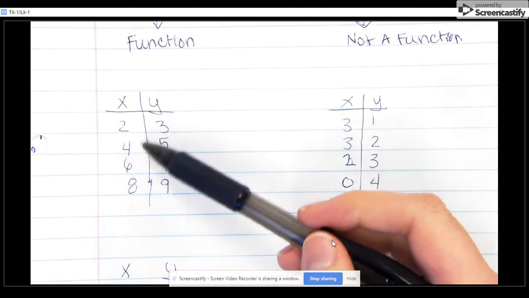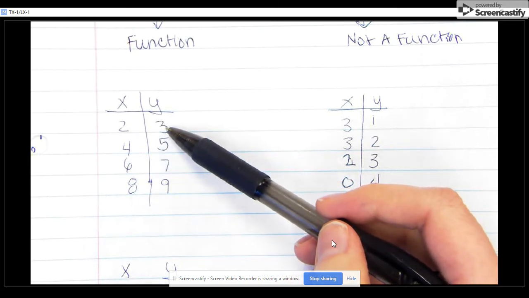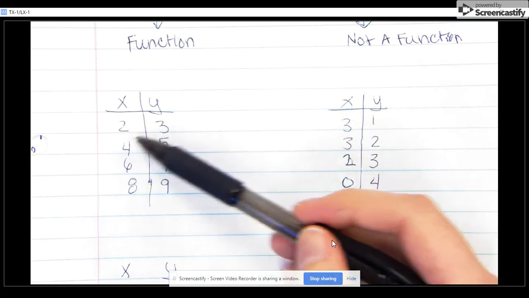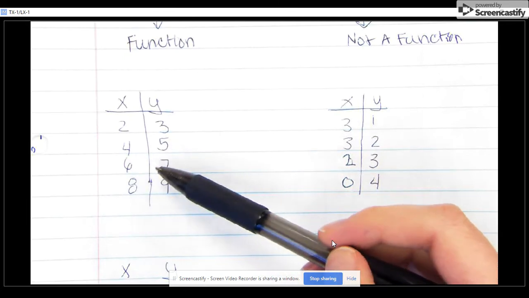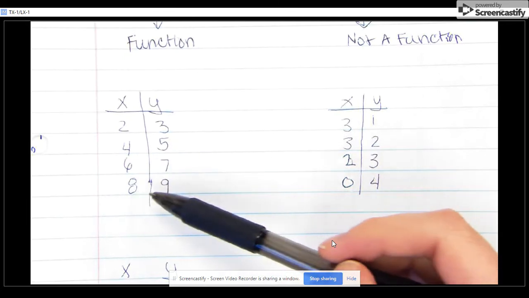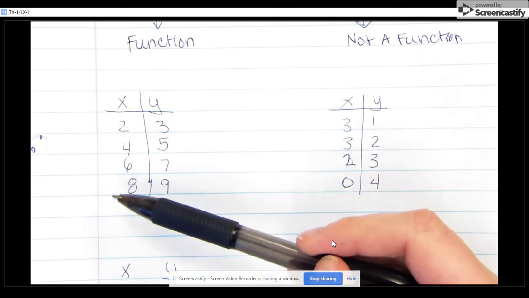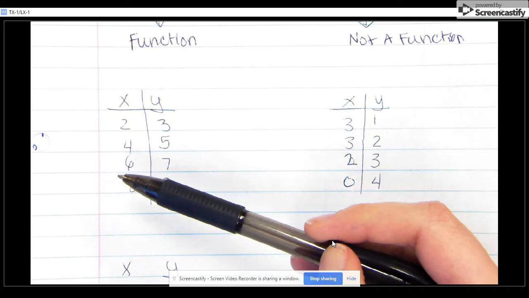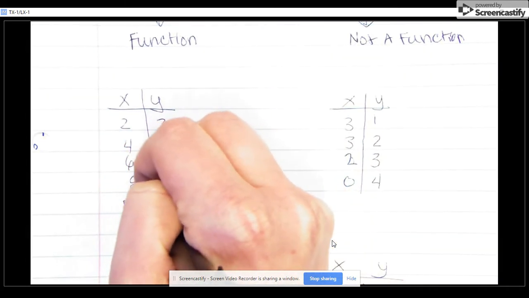So that means this is a function because I have 2 with the y value of 3, that's 1 point, 4 with the y value of 5, 6 with the y value of 7, and 8 with the y value of 9. None of these x values are going to another y value. So perfect, that is a function as well.